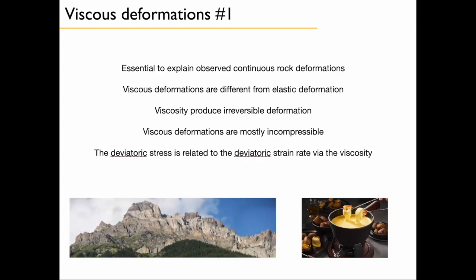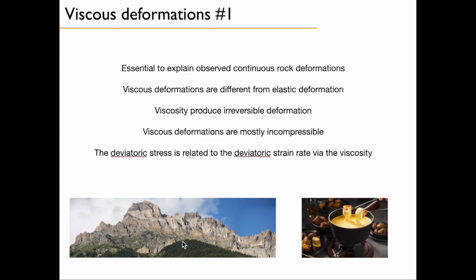So that's to summarize this first part on viscous deformation. The viscous deformations are essential to explain the observed continuous deformation of rocks within the whole lithosphere. They are different from elastic deformation.